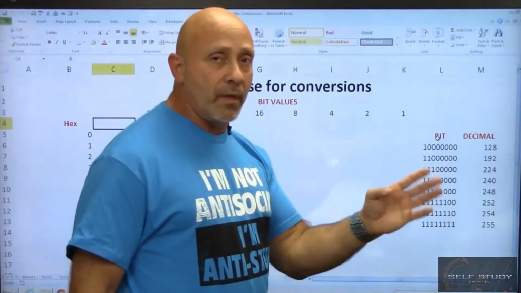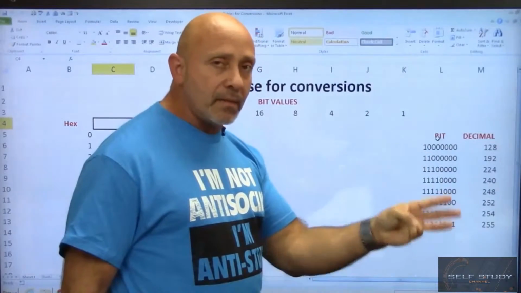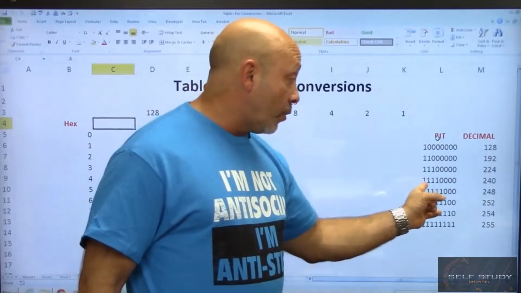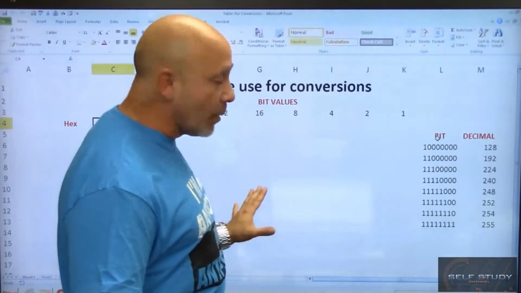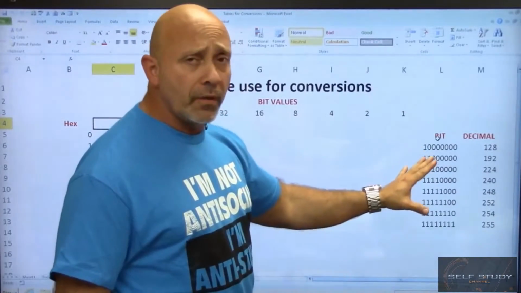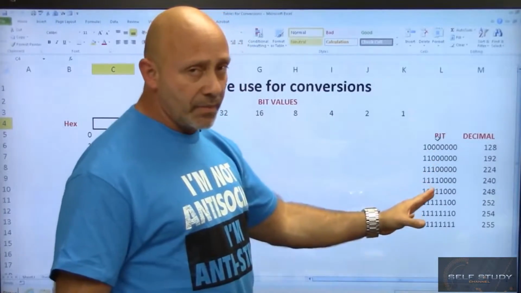If it's CIDR 20, you have what? You have 8 bits, and 8 bits is 16, plus 4 more. So 4 bits is what? 4 bits is 240. So this table is definitely going to help you not only for the conversions that we're going to do here, but also when you're turning from CIDR notation to dotted decimal or vice versa. This table comes in handy.